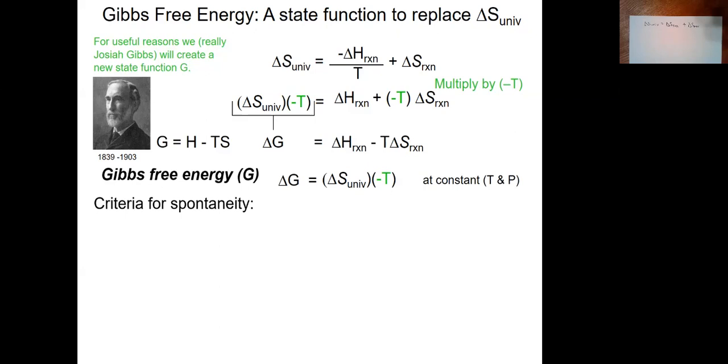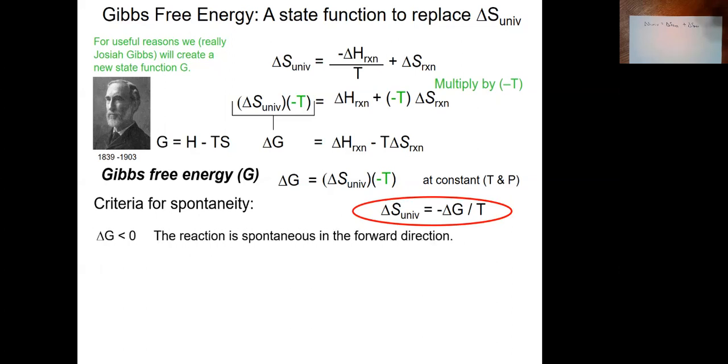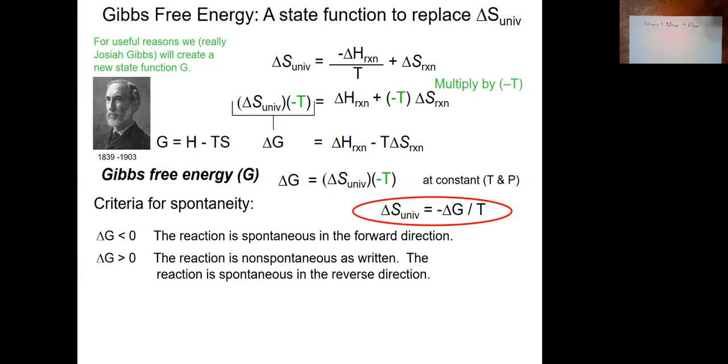So if delta G is negative, the reaction is spontaneous. If delta G is positive, the reaction is non-spontaneous. You may also see it written that it's spontaneous in the reverse direction. If delta G equals 0, the reaction is said to be at equilibrium.